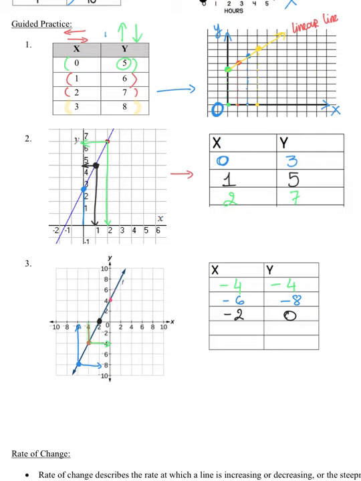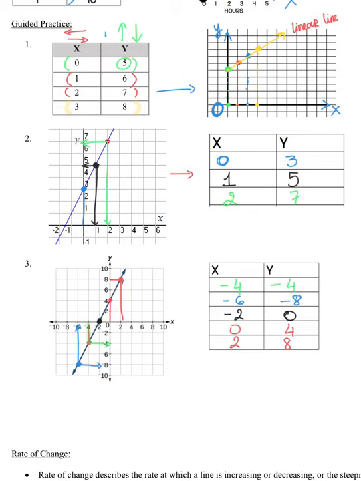This red point right here, the x-axis is 0, but it does not go up or down, so that point stays at 4, so it's 0 and 4. The last point, x is 2, y is 8.